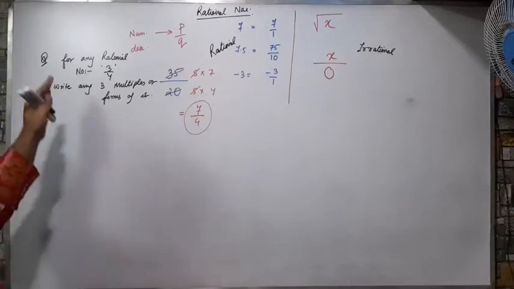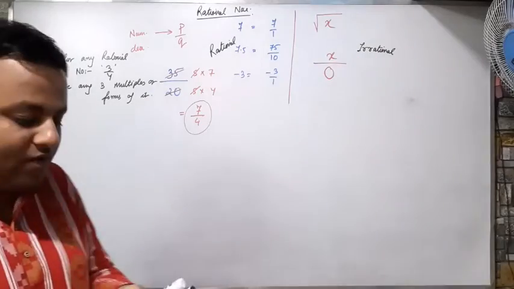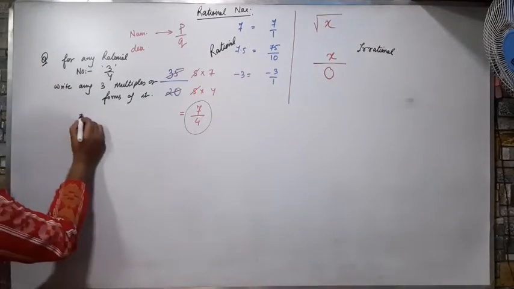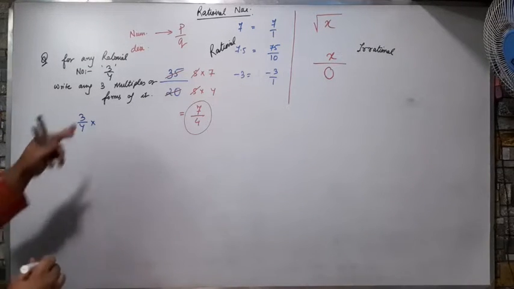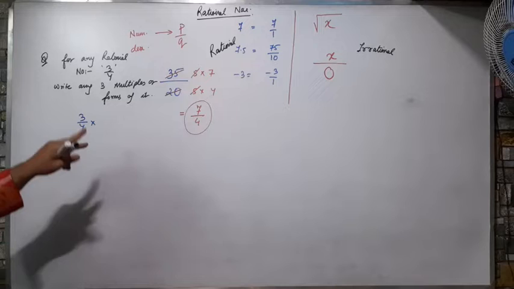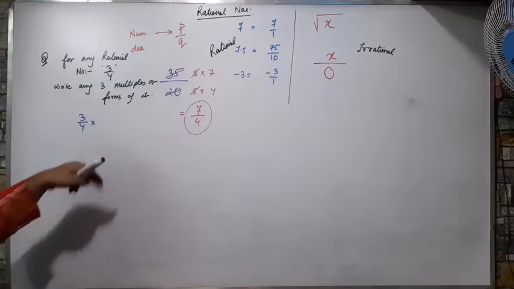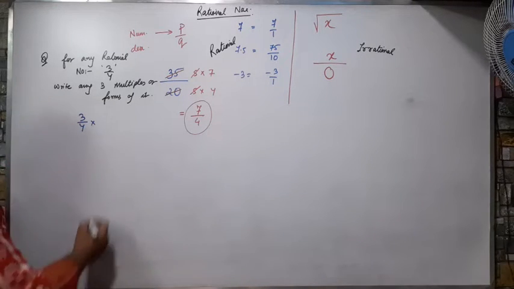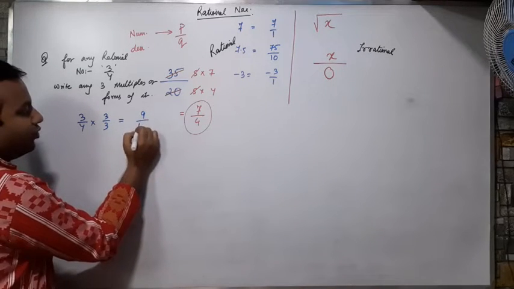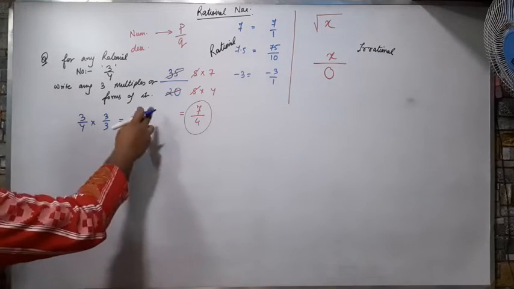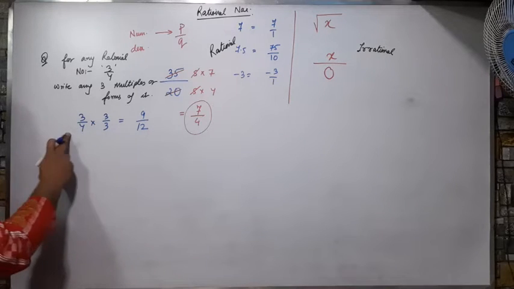I am asked to write any other 3 forms of it. So what I will do? I will multiply 3 by 4 by any number. The number must be multiplied to both the numerator and the denominator. Say I am multiplying it with 3. So I will multiply 3 to both. I will be getting 9 by 12. This 9 by 12 is also a form of 3 by 4.